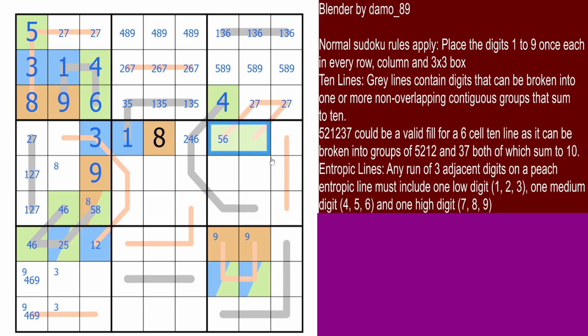Now what? So all the mids are gone, right? Between this and this. One high, one low. That's mid or low, because again all the highs are done. Yeah, so now what?